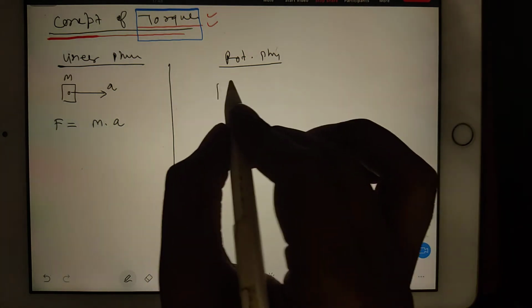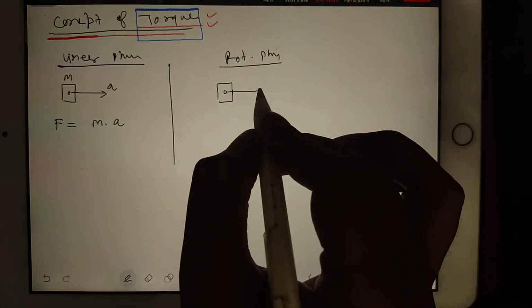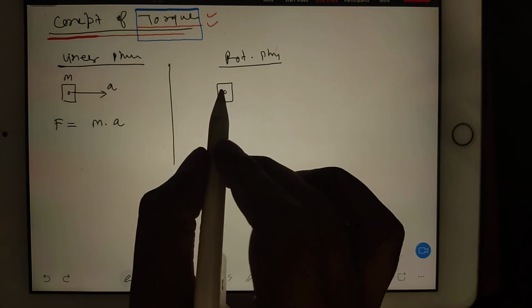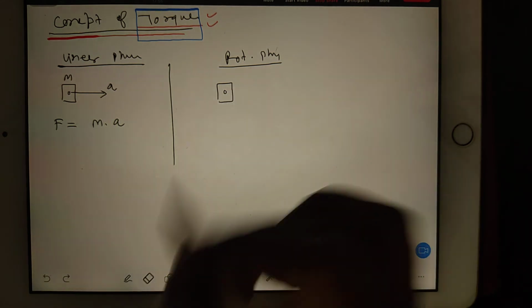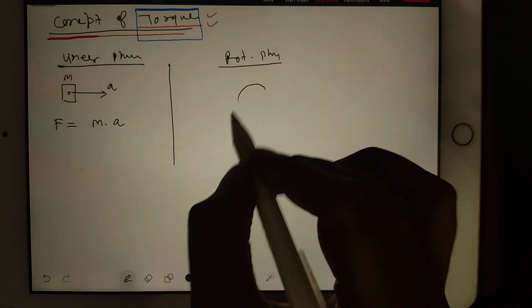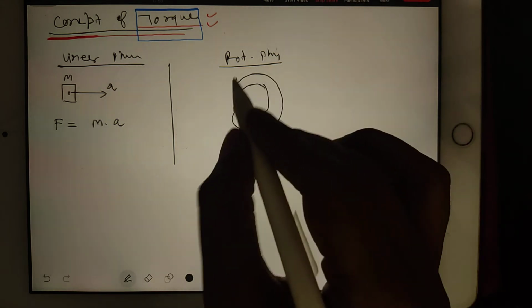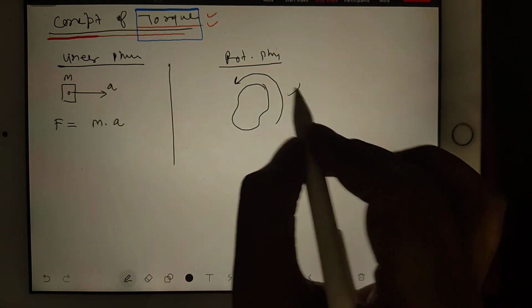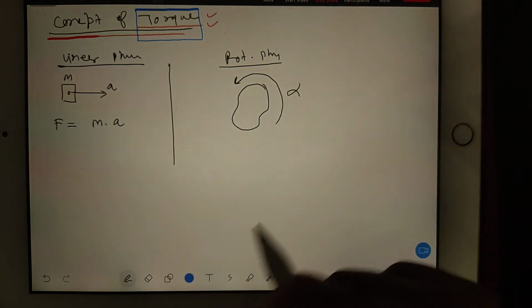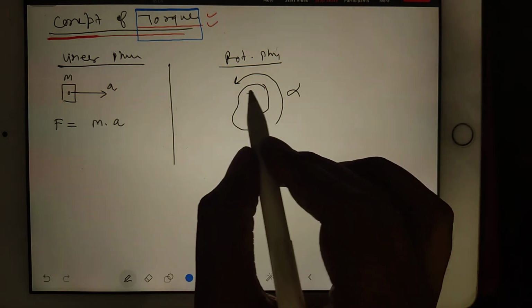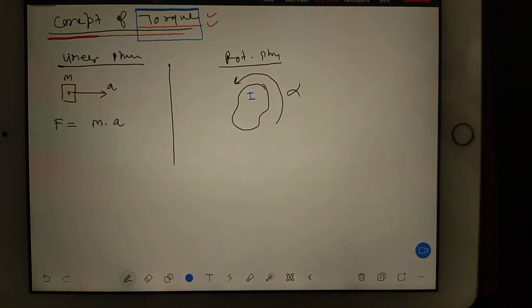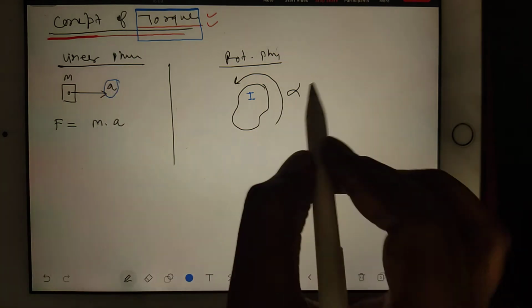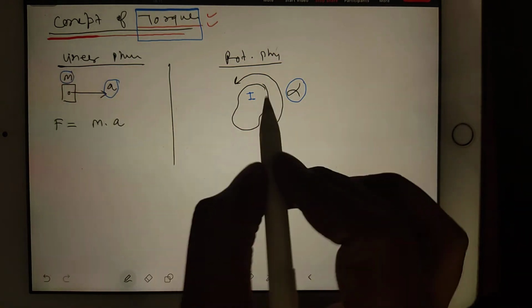When there is a mass and this mass is rotating, suppose it is revolving with some acceleration alpha. But this time mass we replace with moment of inertia, like a we replace with alpha.